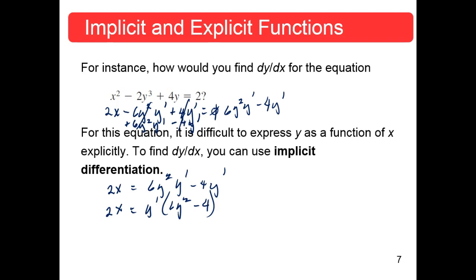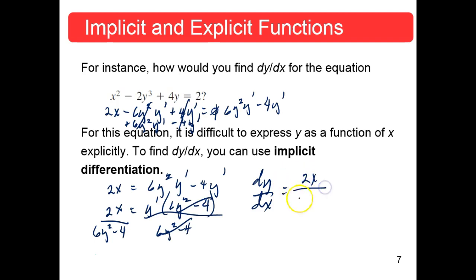So divide the other thing out, 6y squared minus 4, on both sides. And this disappears. And now you have dy/dx, which is exactly what we're looking for, equal to 2x over 6y squared minus 4.